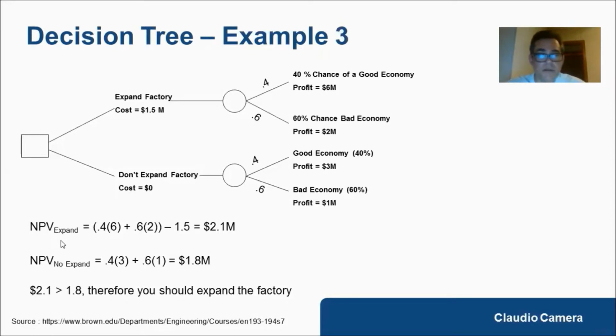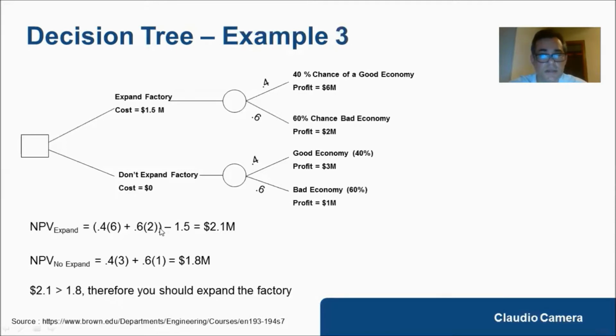So here is what we will call the net present value. For expanding, this is what we expected, the expected value actually. If you multiply 6 million by 40%, we have 2.4 million.